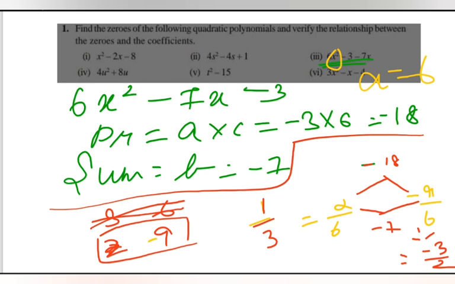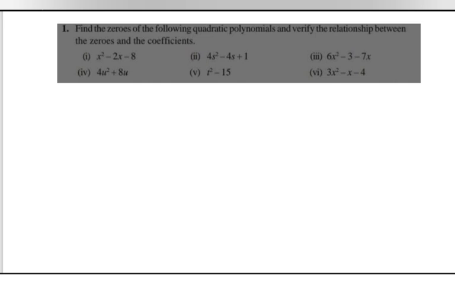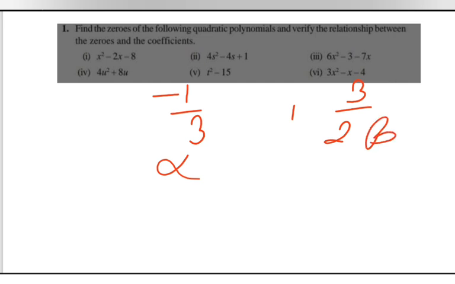So that will be equal to minus 1 by 3 and 3 by 2 will be your alpha and beta. So this is your alpha and this is your beta. Now let's check the relationship.